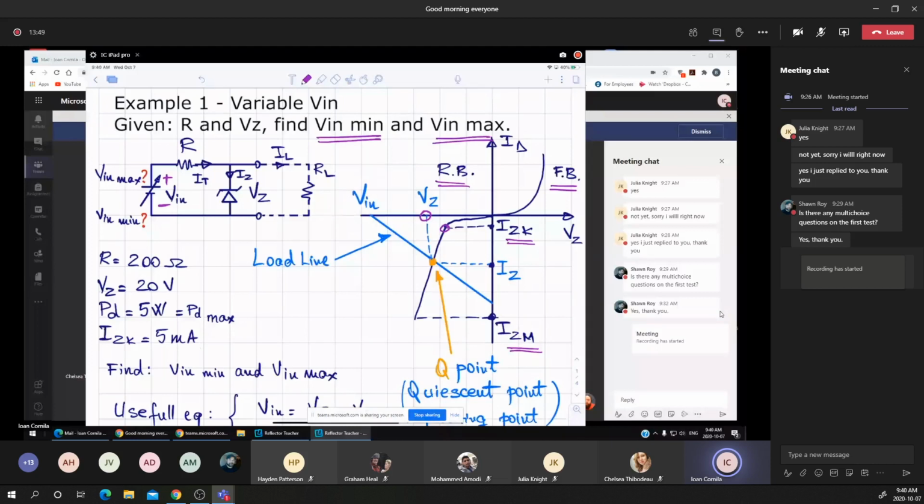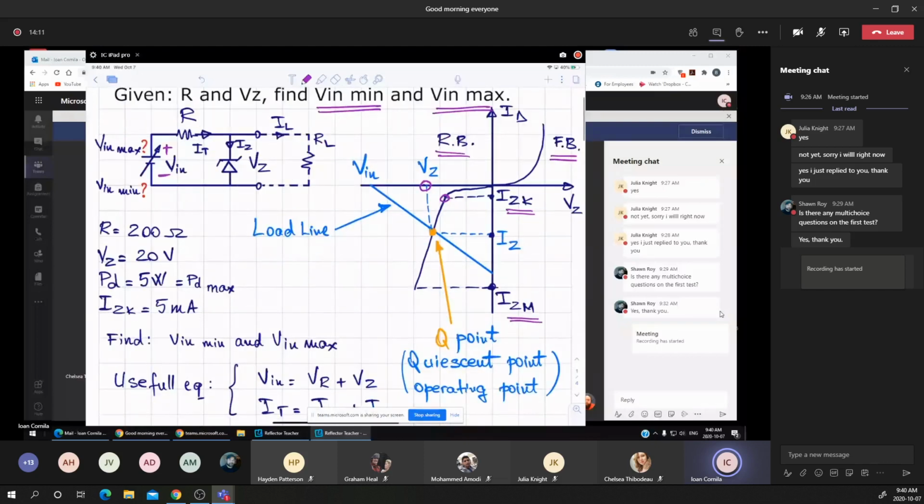Now, I'm looking again at the characteristic of a Zener diode. Again, it's mostly used in reverse bias, which means on the left side of the y-axis, and we can define the load line. That's why I'm introducing the load line and the Q point, or the quiescent point, of the circuit. To remind you, we mentioned the biasing of a circuit.